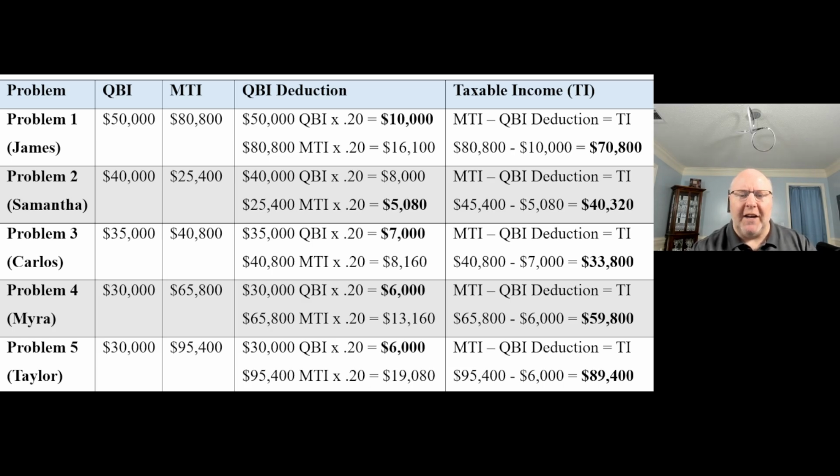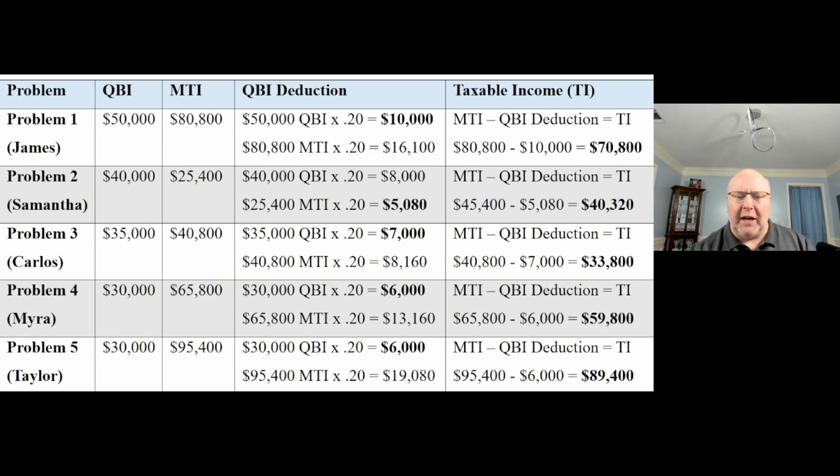That came out to 5,080. So our full 20% deduction would have been 8,000 for the QBI portion, but we don't get that, we have to stay at our ceiling. So we're only going to get $5,080. That's one where the modified taxable income is going to limit your deduction.